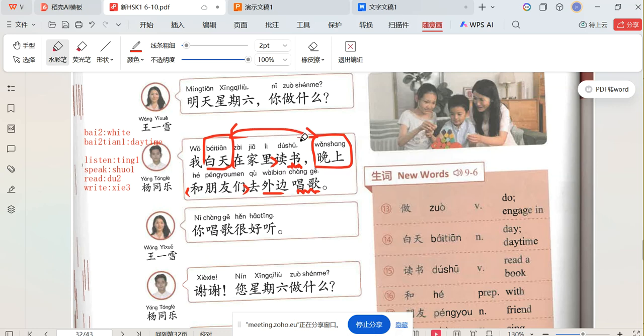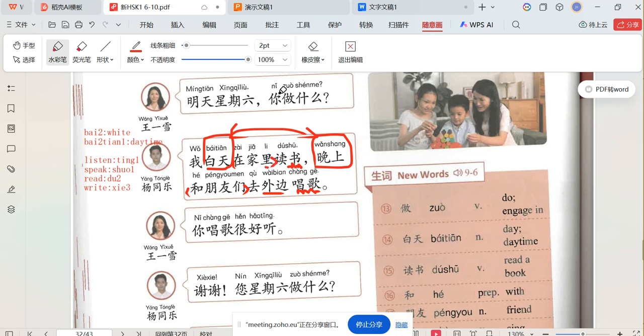I can read. Read book. So you can see, in my house, at home.